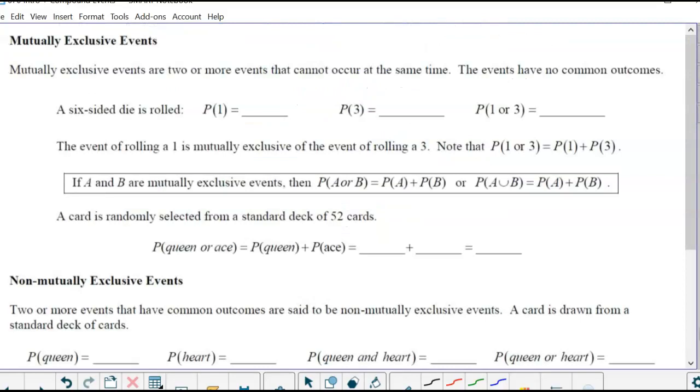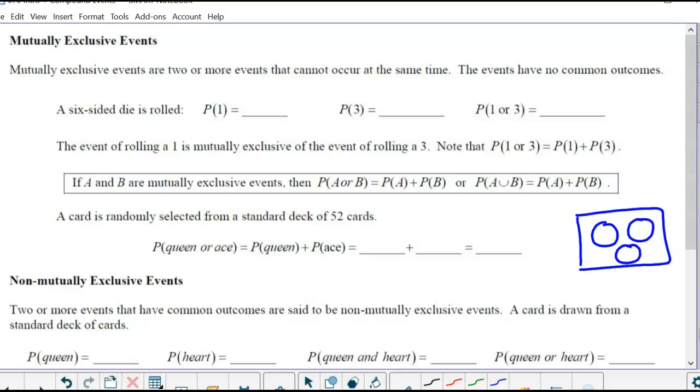All right, then mutually exclusive and non-mutually exclusive events. Again, we talked a little bit about this in Venn diagrams. So what is a mutually exclusive event? They are two or more events that cannot occur at the same time, so they have no possible outcomes in common. If you had a Venn diagram with 3 sets, none of them would overlap.